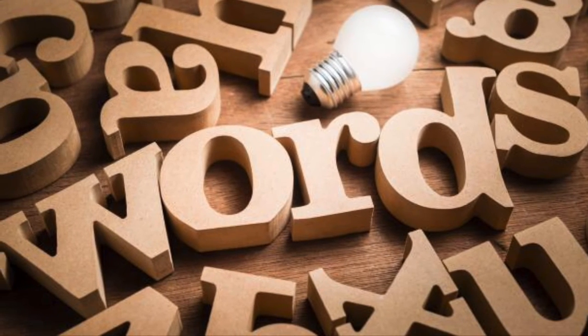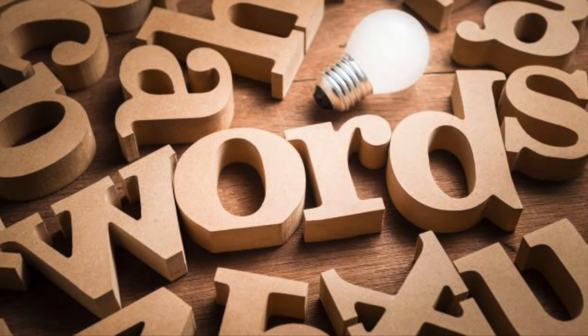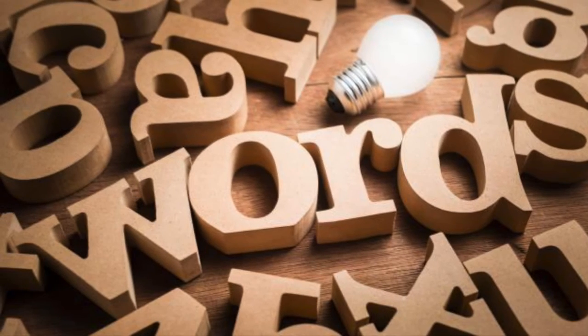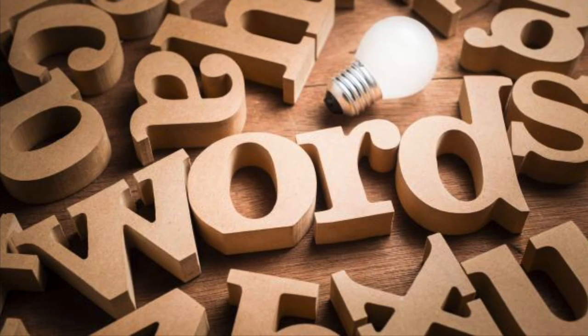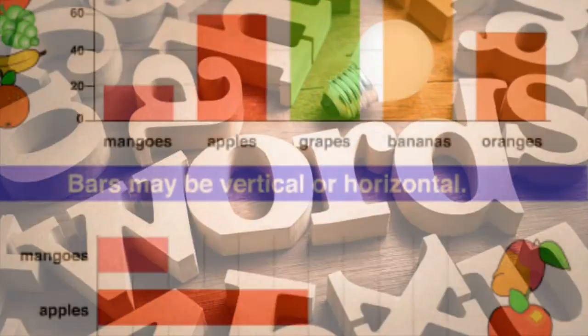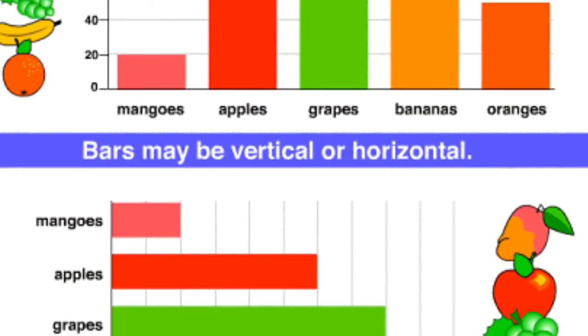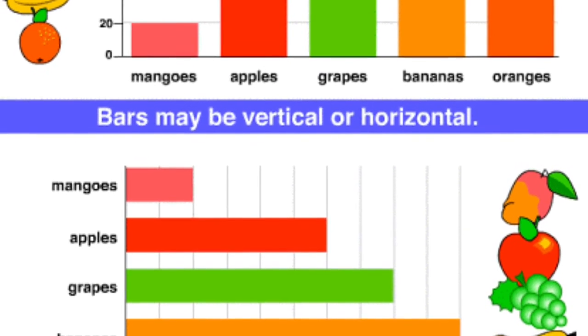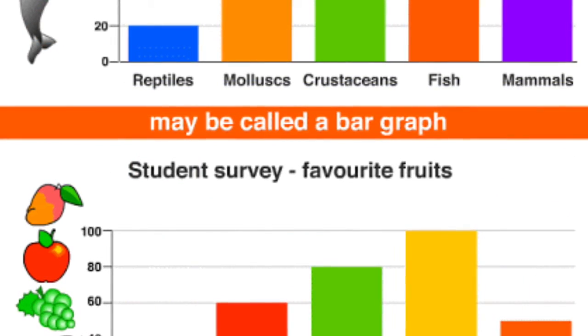Our vocabulary words for this lesson are graph, probable, and improbable. Graph, a pictorial device for showing number relationships.